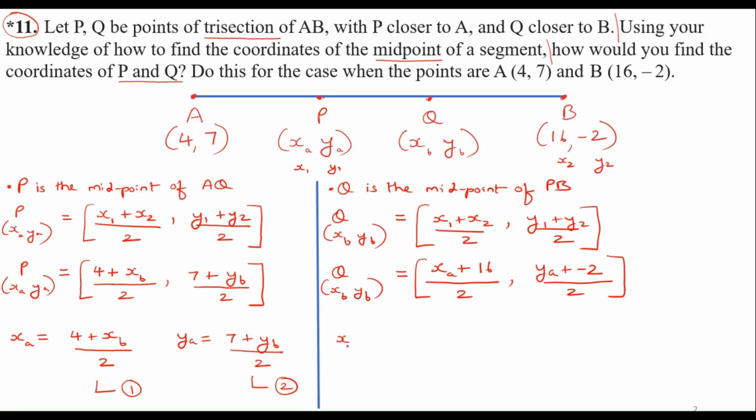So xb is equal to (xa plus 16) upon 2. Let me take this as equation 3, and yb is equal to (ya minus 2) upon 2, let me take this as equation 4. Okay, now the remaining part we'll solve on the next page.